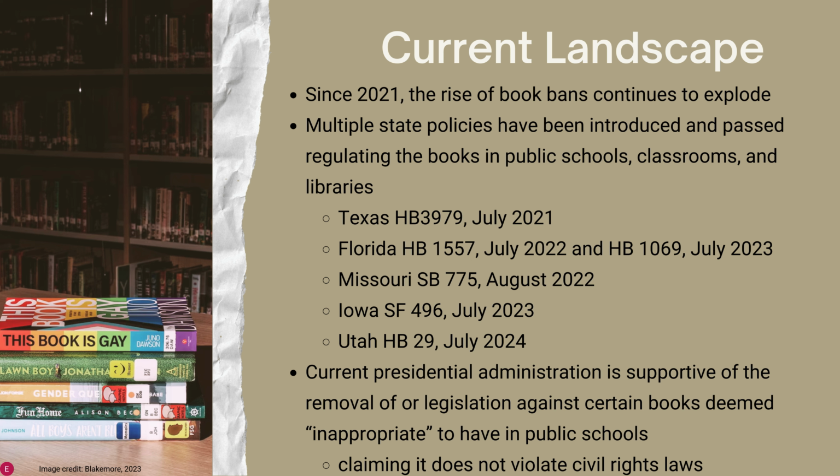Texas House Bill 3979 restricts the teaching of concepts related to critical race theory and mandates balanced perspectives on controversial issues. Florida House Bill 1557, the Parental Rights in Education Act, also known as the Don't Say Gay law, prohibits classroom instruction on sexual orientation and gender identity from kindergarten through 3rd grade, which includes the use of certain books.